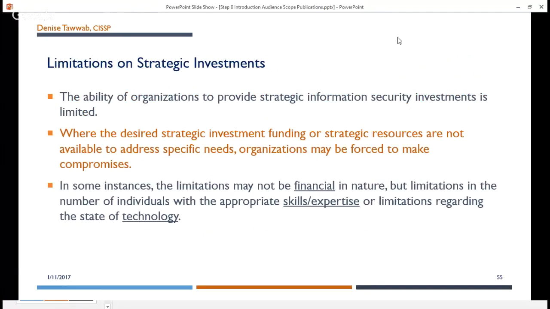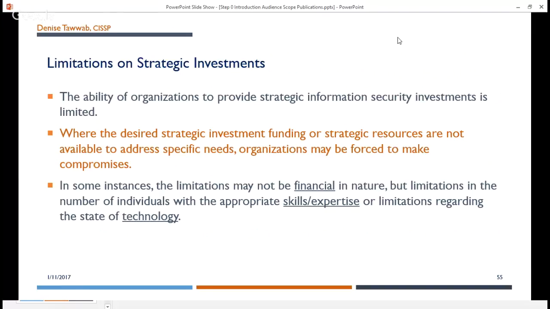All right, limitations on strategic investments. The ability of your organization to provide strategic information security investment is limited. Where the desired strategic investment funding or the strategic resources aren't available to address specific needs, your organization may be forced to make compromises.